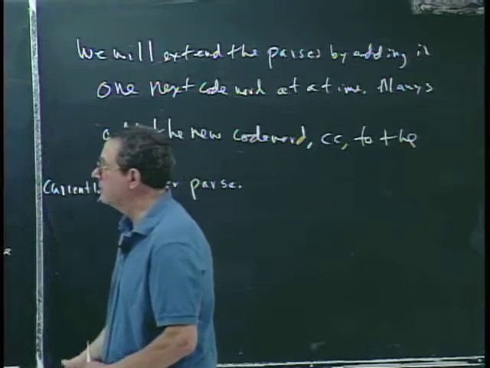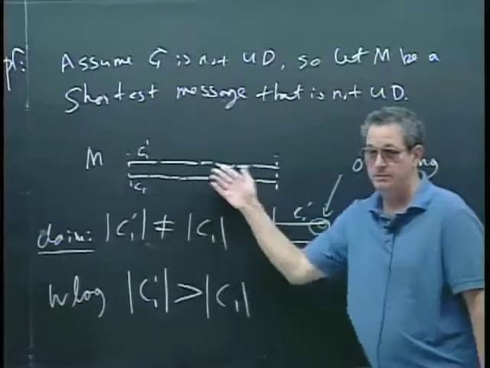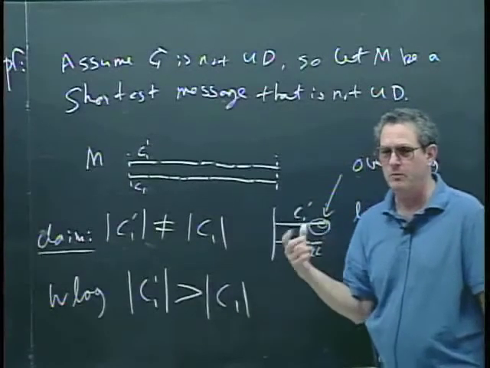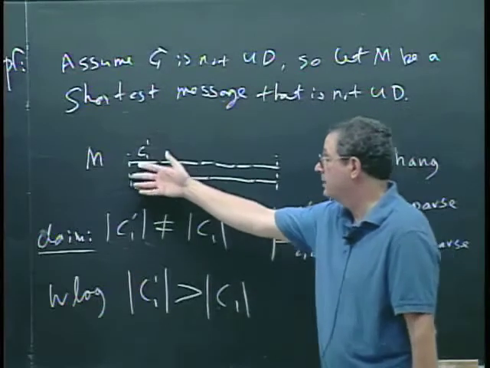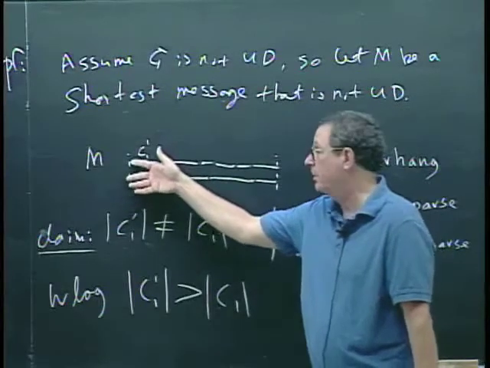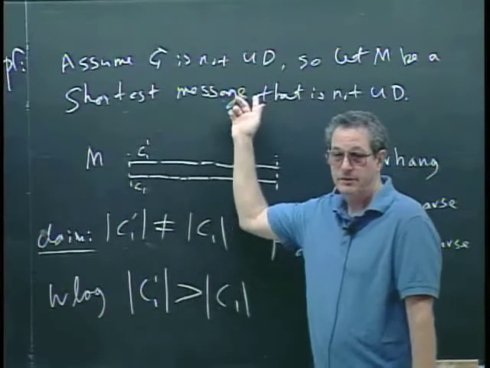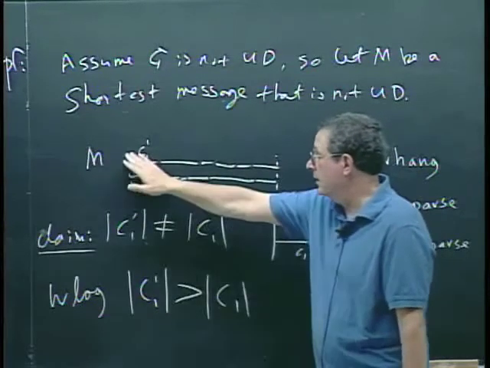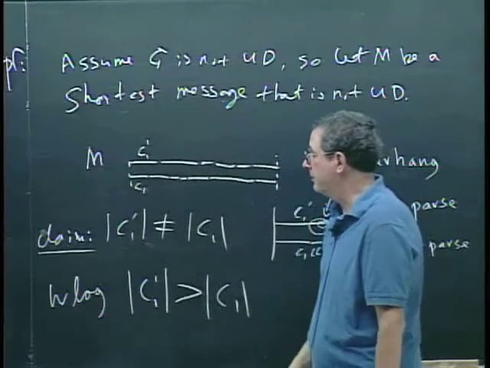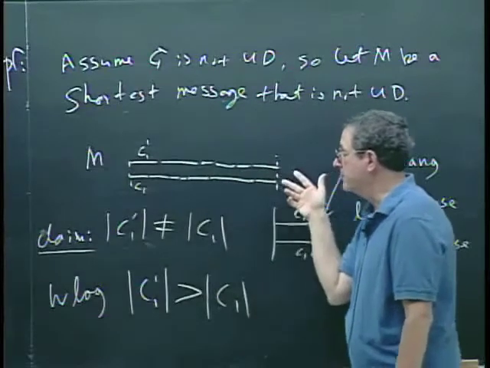Okay, so let me remind you, there exist two parses. You may wonder, what are these code words that we're adding in? Where do they come from? They come from the existing parses. There are two parses of M. That's what we started with. M is not uniquely decipherable because C is not uniquely decipherable. So there are these two parses.